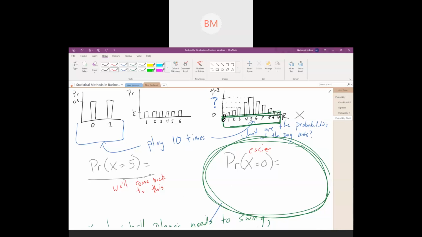Okay, if I flip a coin 2 times, what's the probability of getting 2 heads? 0.25. Okay, and where are you getting the 0.25? Well, there are 4 possible outcomes, and flipping heads twice is one of the 4.